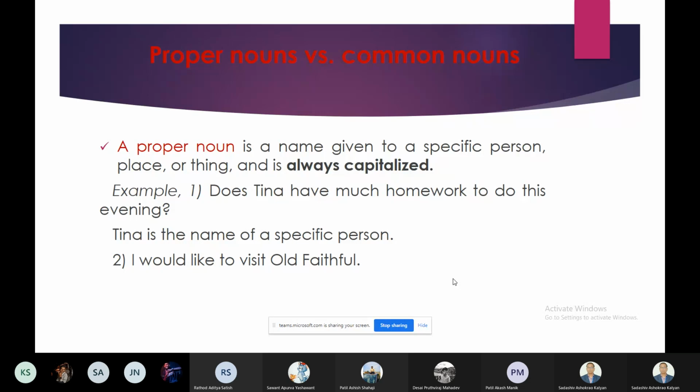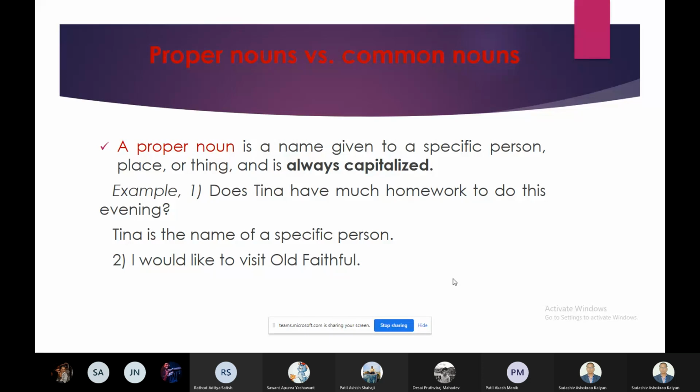In the following sentences, Tina is the proper noun used for a specific person. Does Tina have much homework to do this evening? In this sentence, Tina is used as the name of a specific person. I would like to visit the Old Faithful.